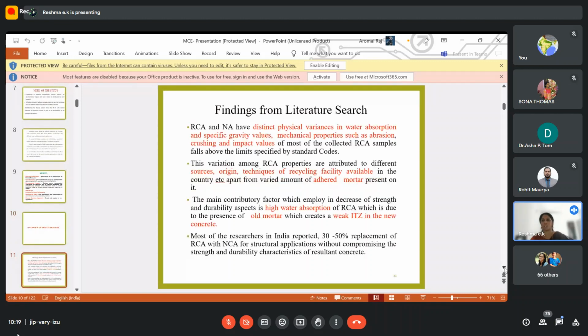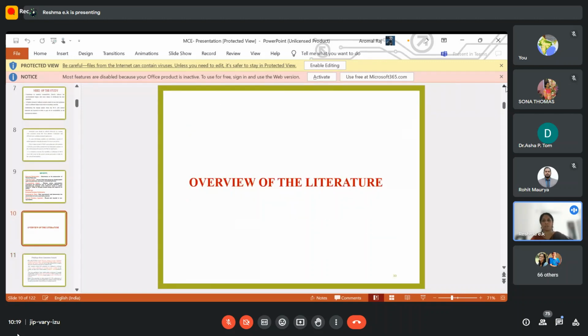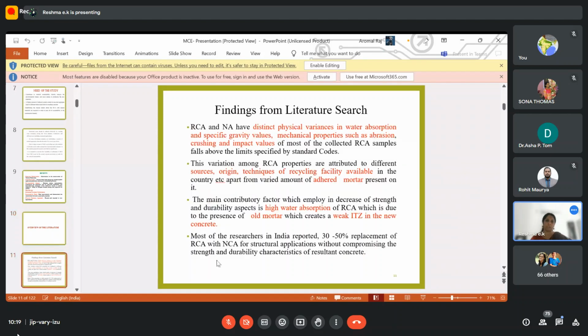So whatever literature I have done, I have not put it in slides. It will be boring if I put all the literature which I have referred, because when we are doing research, the literature review plays a very important role.